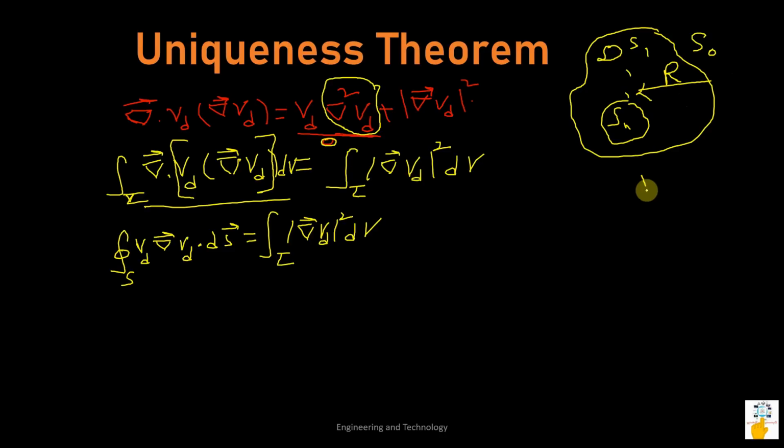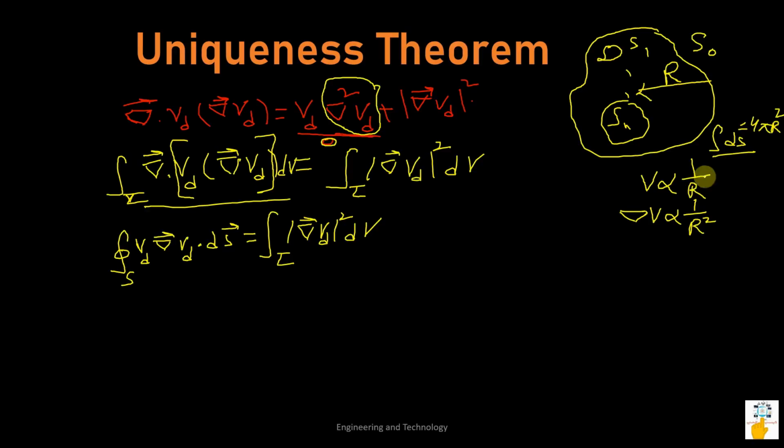Now we know that this potential V is directly proportional to 1 upon r. If this is proportional to 1 upon r, what will be del V? It will be directly proportional to 1 upon r square. And this surface area, if you want to solve this ds, the surface area of that sphere will be 4 pi r square.